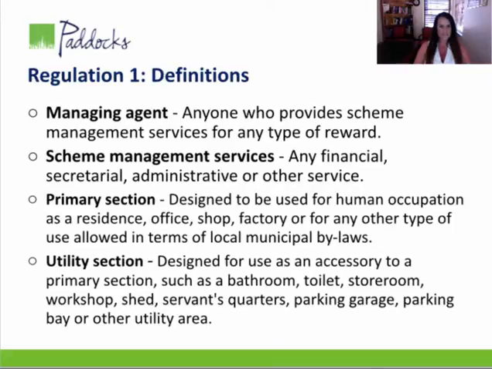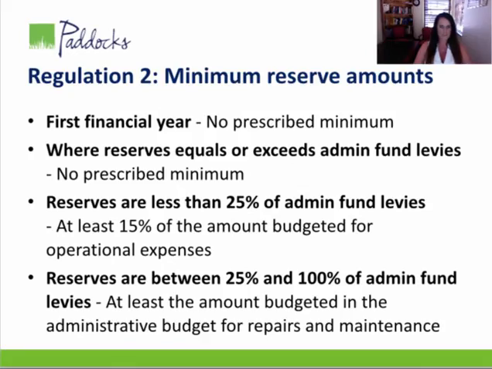A primary section is designed to be used for human occupation as a residence, office, shop, factory, or any other type of use allowed in terms of local municipal bylaws, while a utility section is designed to be used as an accessory to a primary section, such as a bathroom, toilet, storeroom, workshop, shed, servants' quarters, parking garage, parking bay, or any other utility area.